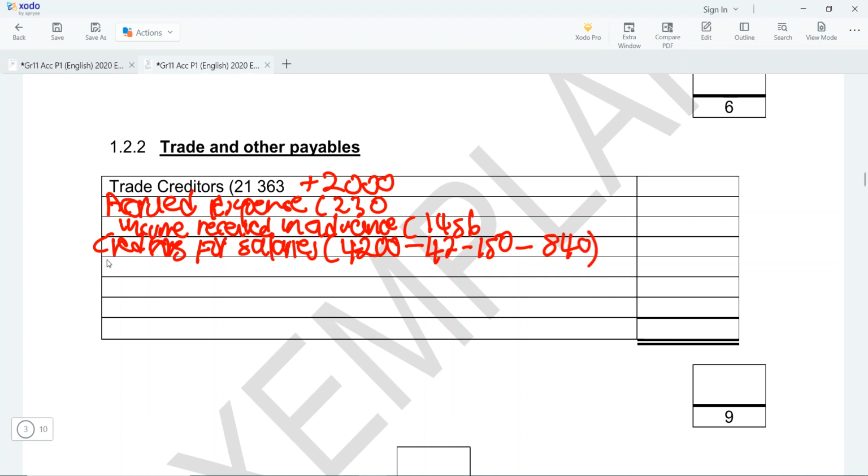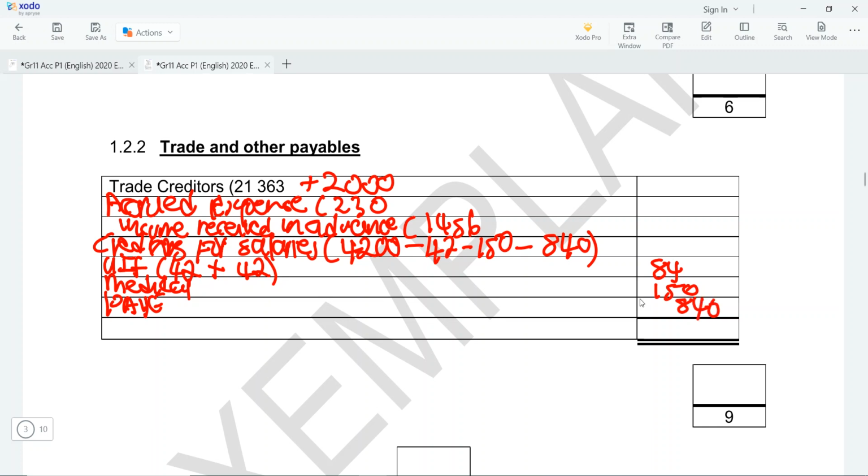Okay, so here we have our UIF. Remember, UIF, we're going to pay for the deductions plus the contribution, so it's going to be 84 rand here. And then medical, remember the medical aid was 150, and then pay as you earn was 840. So you need to separate this because they have their own accounts.